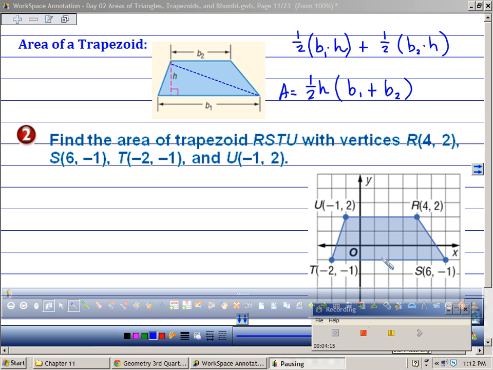Okay, so let's find the area of this trapezoid. So I need the base one. What is the base one? TS equals, we can count this, we don't need distance formula, right? 1, 2, 3, 4, 5, 6, 7, 8. And UR equals 1, 2, 3, 4, 5.